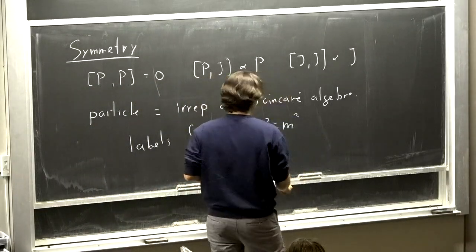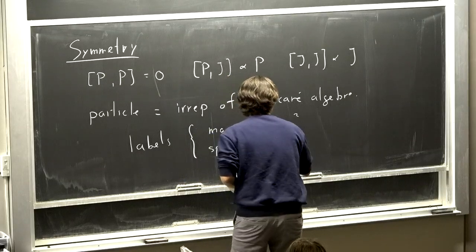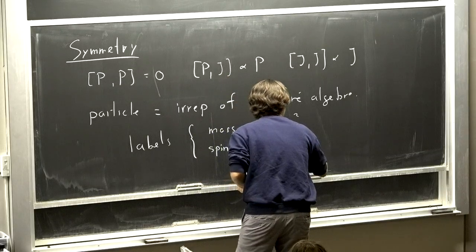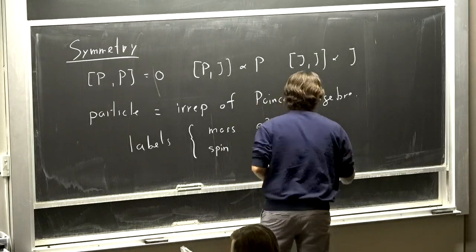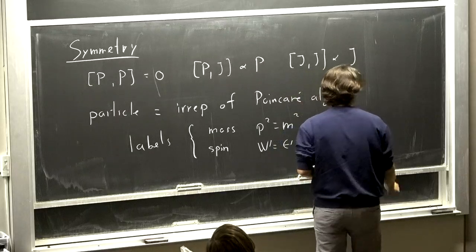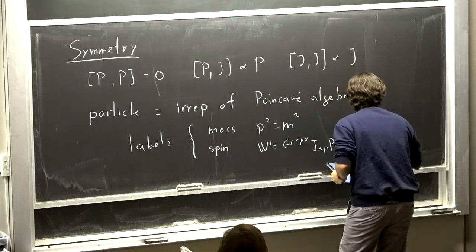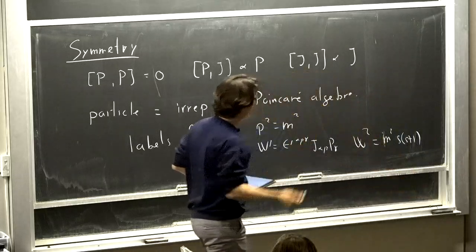This is a bit more complicated. There's some like Pauli-Lubanski vector, which is something like epsilon something like this. And then I have that omega squared equals m squared s times s plus 1. Okay, so these are the two Casimirs of this algebra.